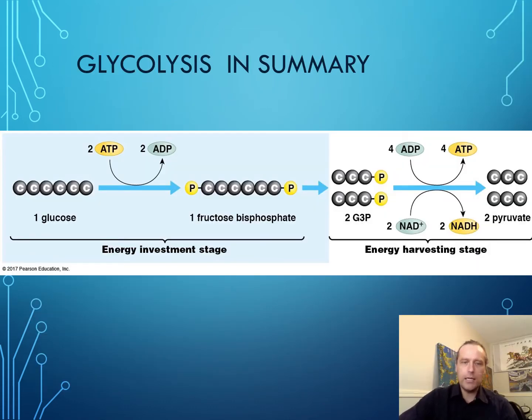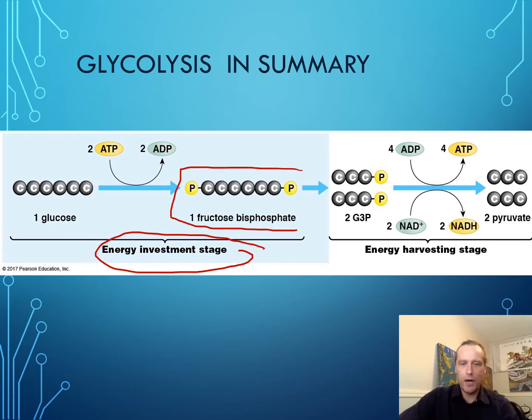So glycolysis in summary. The energy investment stage is the left part of this diagram. We use 2 ATPs to raise the energy of glucose by converting it to fructose bisphosphate. This is a higher energy molecule, so it takes less energy for it to be split in the energy harvesting phase, glycolysis, the splitting of this sugar.